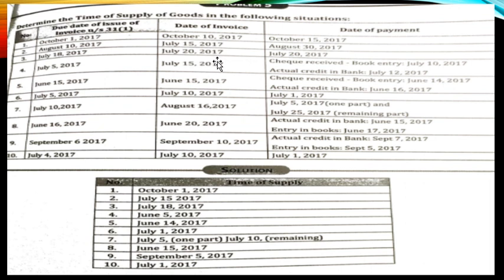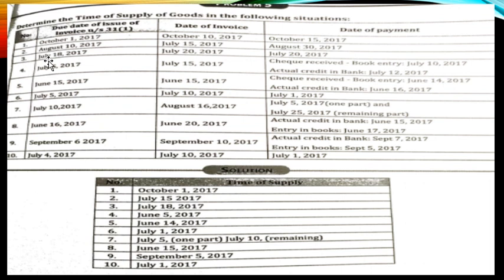Date of invoice is July 20th. Date of payment is July 20th. So in this case, the earliest of these three is the due date of issue of invoice, which is July 18, 2017, and would be considered as time of supply. So in all the cases, the same thing will be followed.